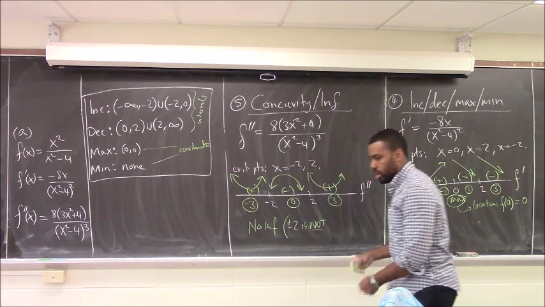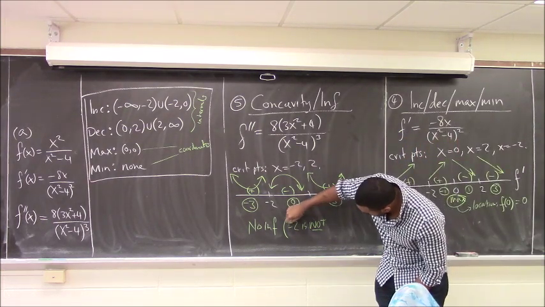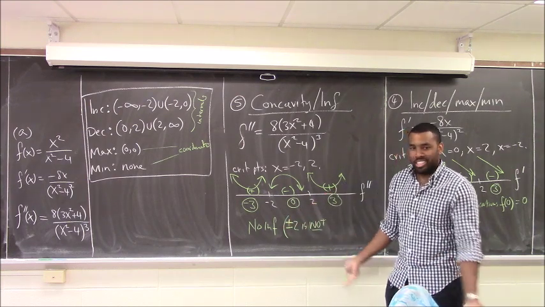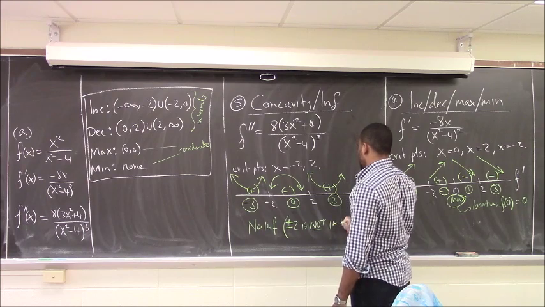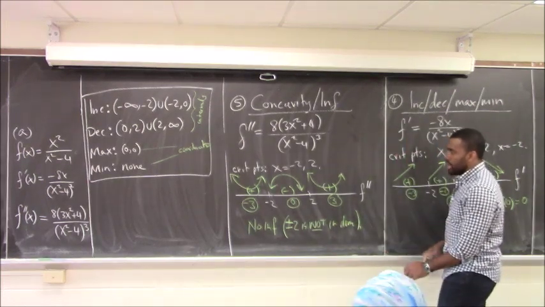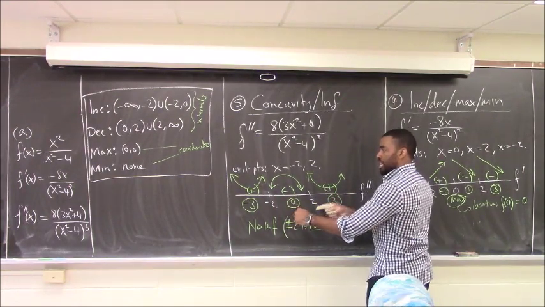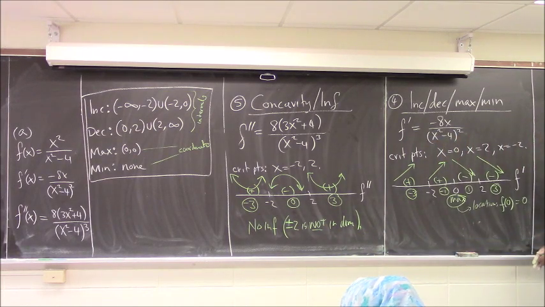So that's why step 1 really comes into play when you're trying to figure out whether or not a certain point has a certain behavior. If the point doesn't exist, it doesn't have that behavior. It's not in the domain. Naively looking at this, you might look at -2 and 2 as inflection points, but remembering that they're not in the domain means they can't be. They're nothing. They're not actually on the graph.